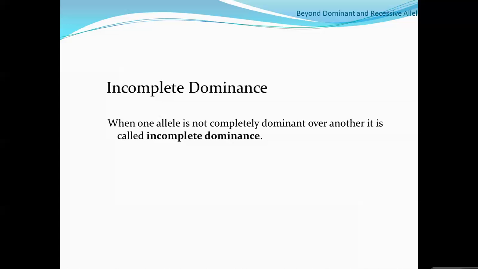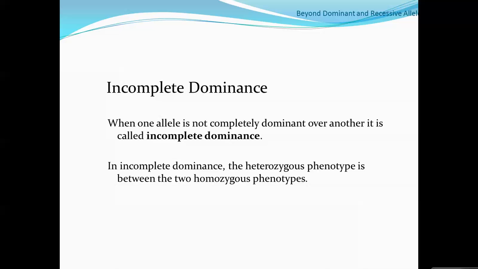So our first case is going to be called incomplete dominance, and this is when one allele is not completely dominant over another. In incomplete dominance, the heterozygous phenotype is between the two homozygous phenotypes. So what that means is that they mix together.